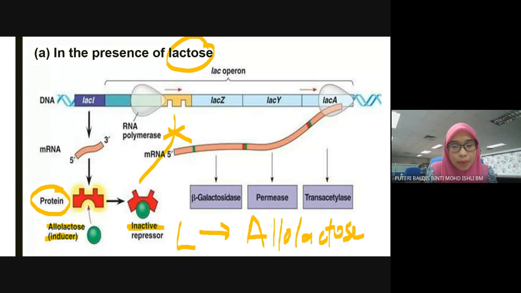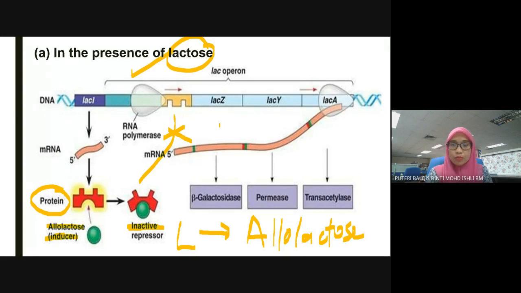So when it cannot bind to the operator, RNA polymerase can bind to the promoter. Once RNA polymerase can bind to the promoter, it will transcribe the genes, transcription occurs. So it will transcribe lacZ, lacY, lacA.